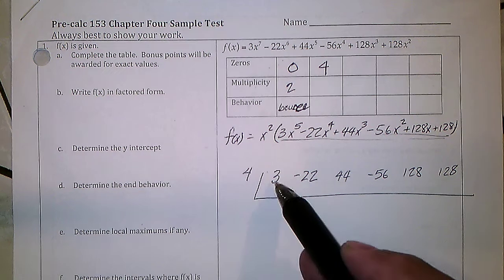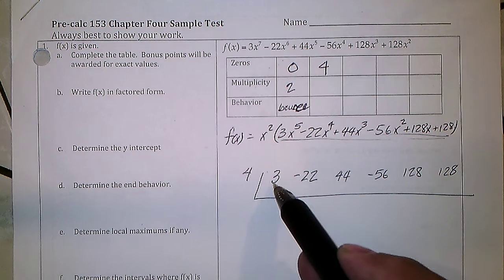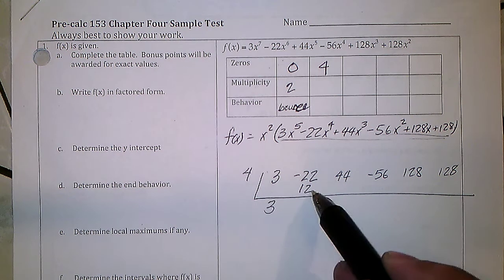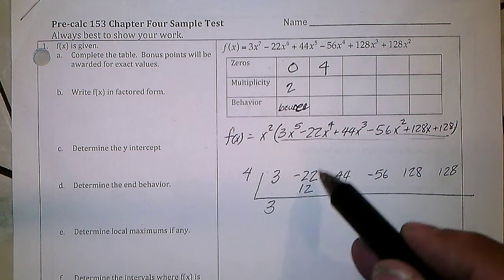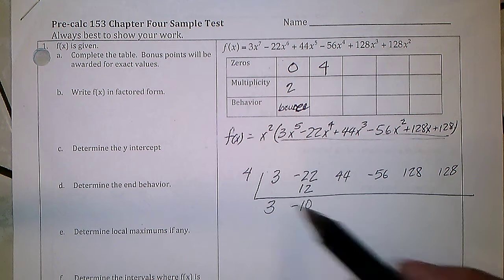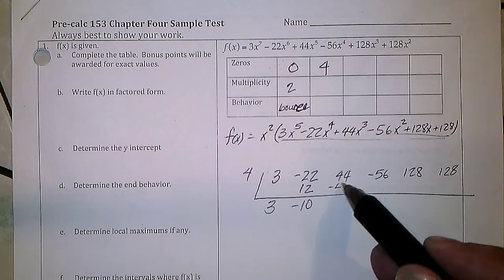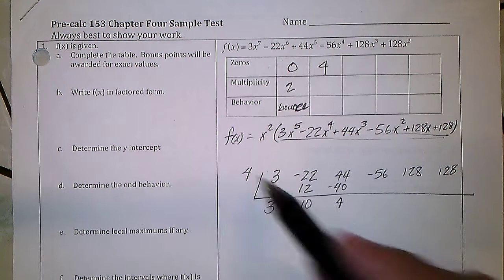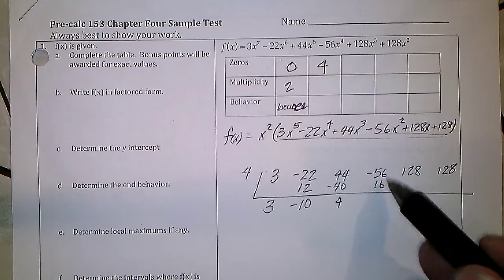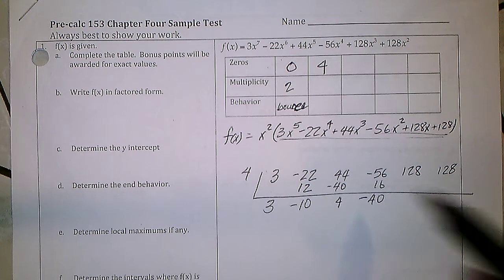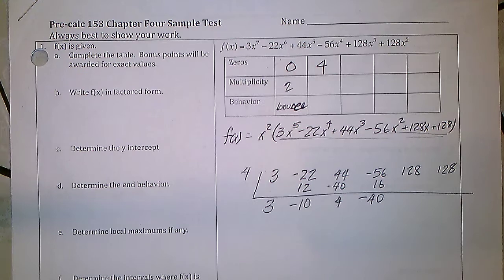So that would be, you add, 3 plus nothing is 3, multiply, that's 12. 4 times 3 is 12. Add, that's negative 10. Multiply, that's negative 40. Add, that's 4. Multiply, 16. Add, that's negative 40. Be real careful with your signs on this.